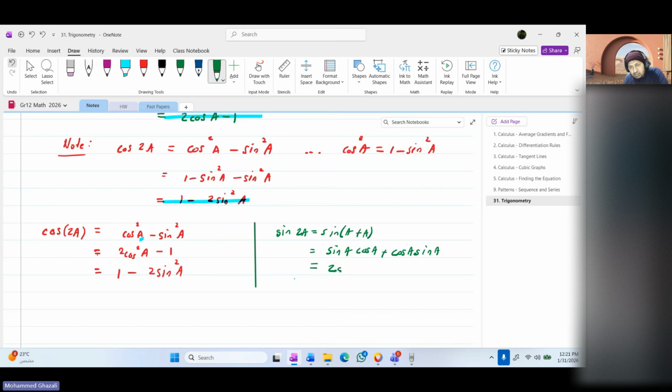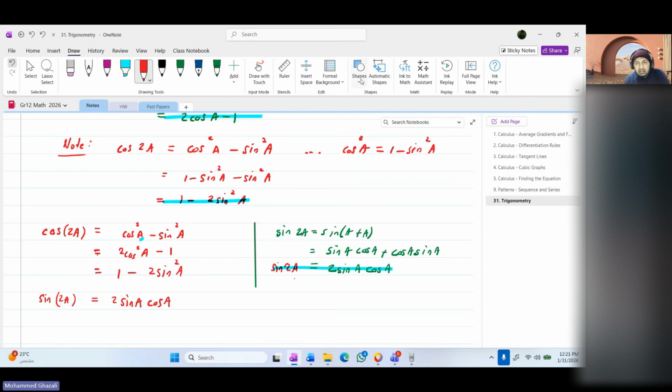So it's just 2 sine A cos A. And we only have a single identity for sine, right? So this is your identity for sine double angle, and these are the three identities for cos double angle. So let's write down sine as well.